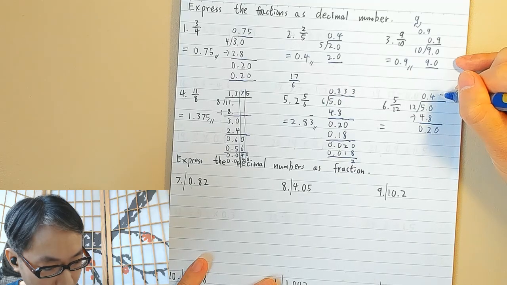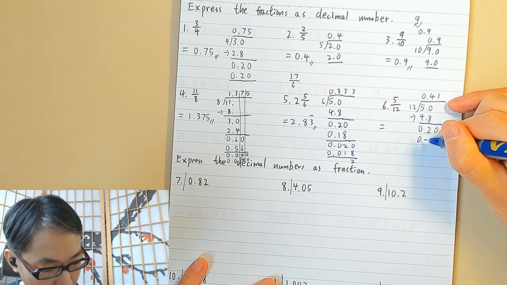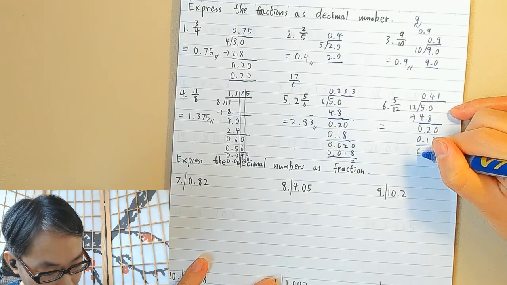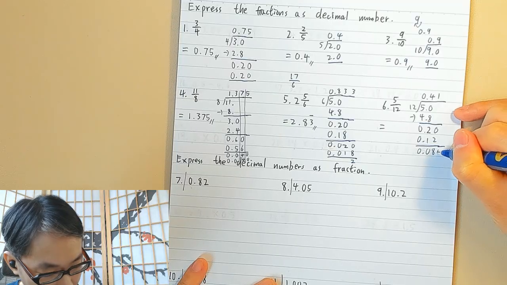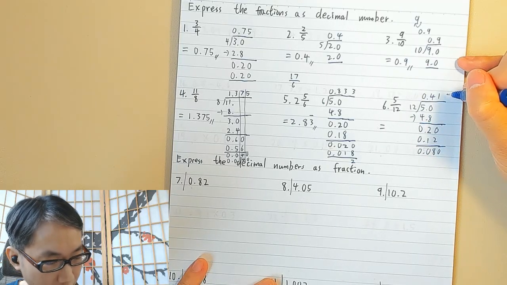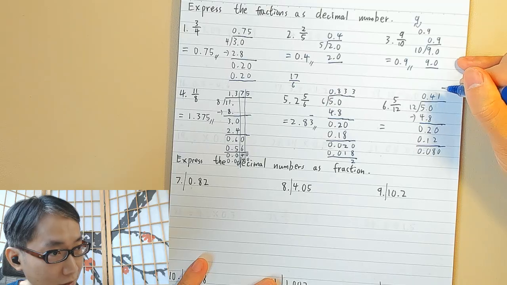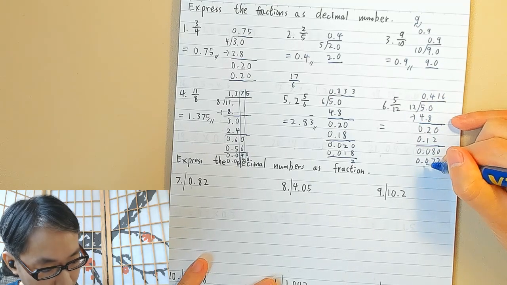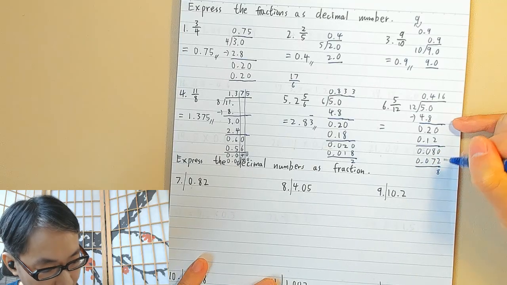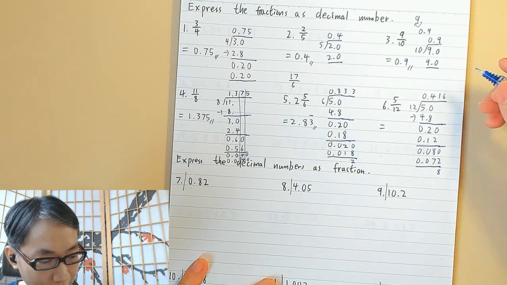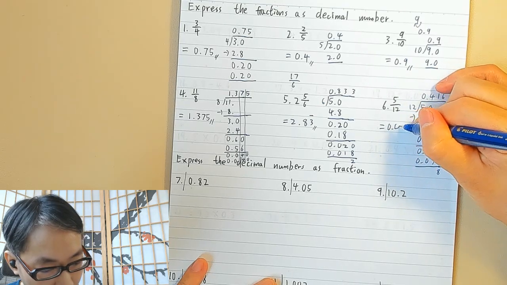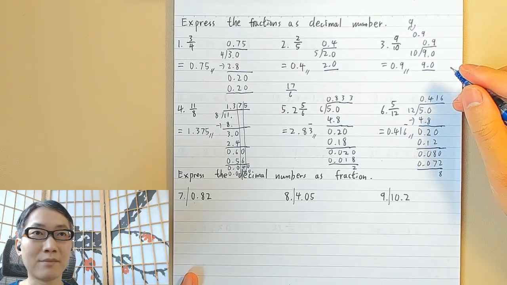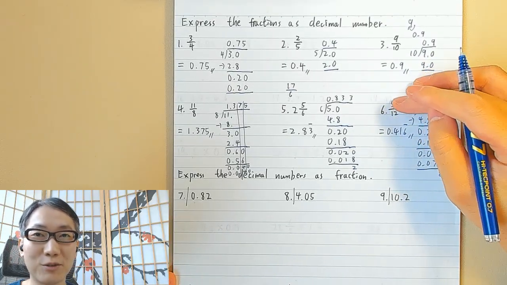This is a 1. We have 8 here. Add a 0. We have 6 here. Oh, we have 8 again. So we have 6 again and then recurring. So this is 0.416 recurring. Or just use the fraction, just use 5 over 12.